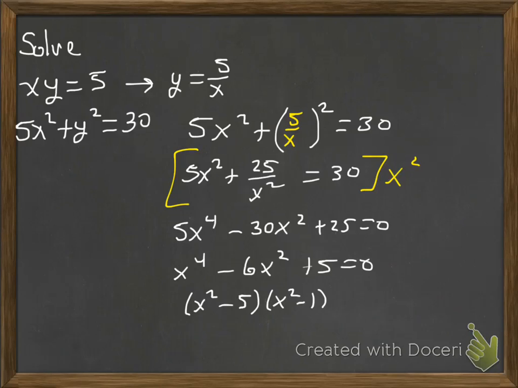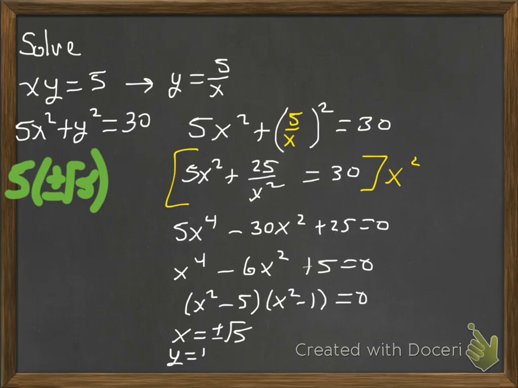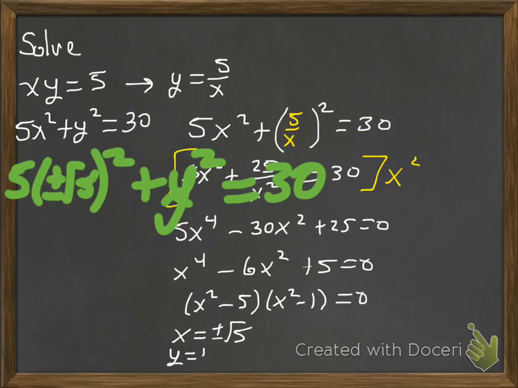So then we're going to be taking the square roots of 5 and 1. So the square root of 5 will get plus and minus root 5. And so I'm going to go ahead and say what the y is. So one way you can think of it is if you plug it in, 5 times plus and minus root 5 squared plus y squared equals 30.